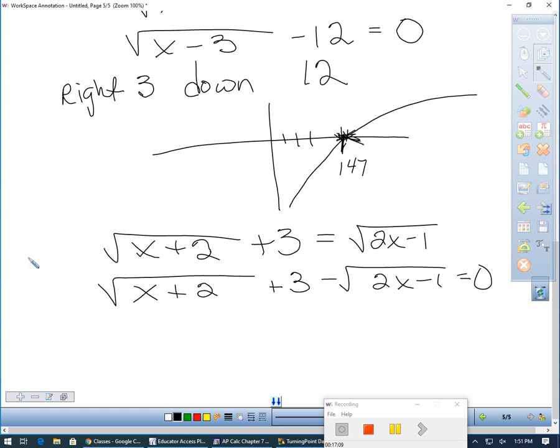So grabbing your calculator, I will grab mine as well. It doesn't cross it. That's what I get for making up a problem.